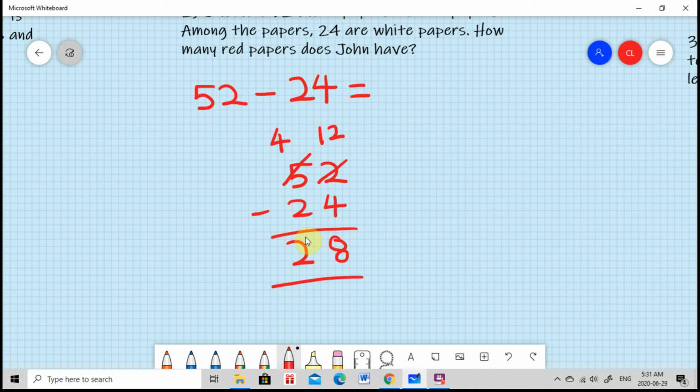So the answer is 28. Again, you have to complete the number sentence. So 52 minus 24 is 28. Of course, you can always put the big number in your brain and take out 4 fingers and then subtract from there.